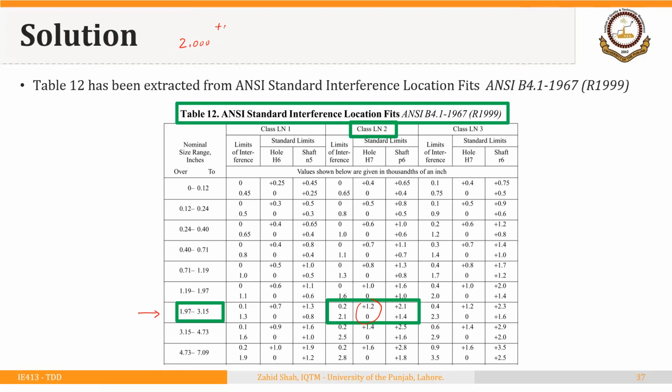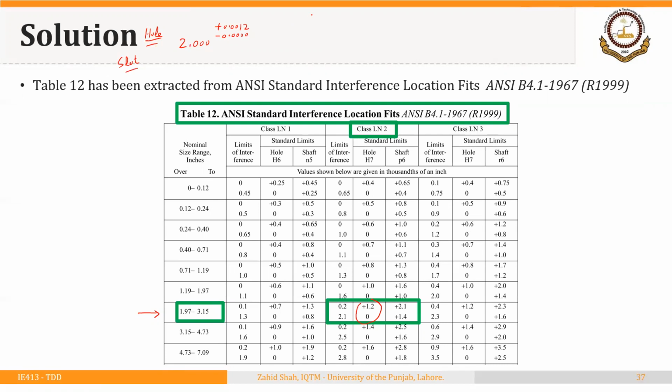So that will be plus 0.0012. That is the size of the hole, or the slot in this case. There will be no tolerance on the negative side. So this was about the hole or slot.